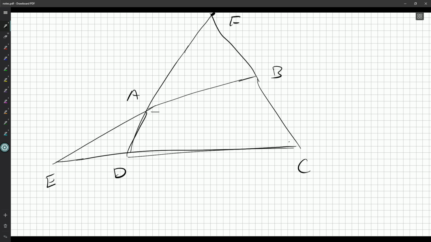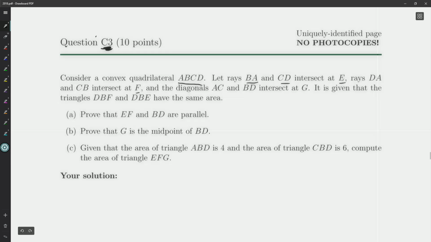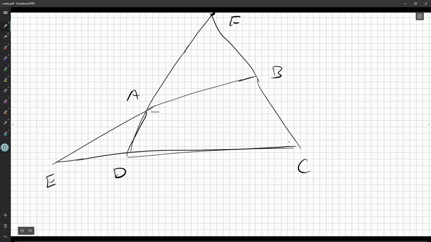Okay, so there's E and F as they have them named. And then we can keep reading. Diagonals AC and BD intersect at G. And then we're told that DBF and DBE have the same area. So let's put this diagonal intersection G here.